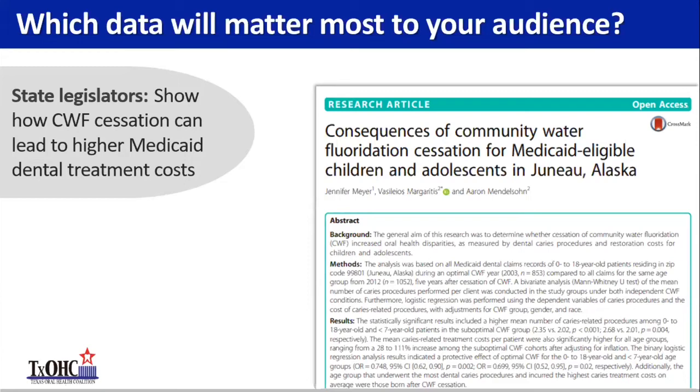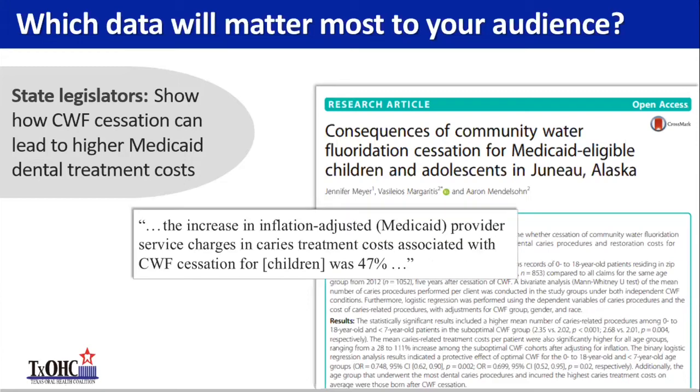So there's a value in pointing to the cost impact, right? So to be able to say that after stopping fluoridation, inflation-adjusted costs for dental treatments went up 47%. So, that is something to point to, right? For that audience, being able to show them that oral health prevention doesn't cost, it saves, is really important.